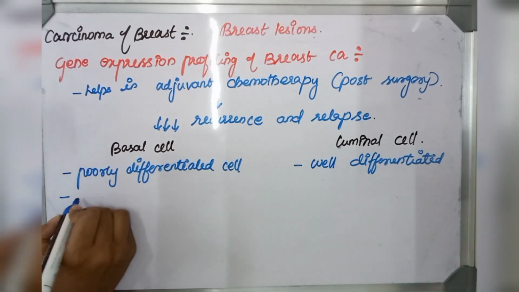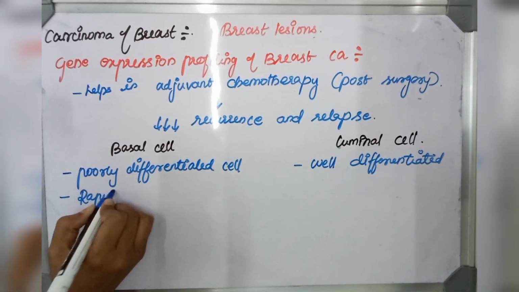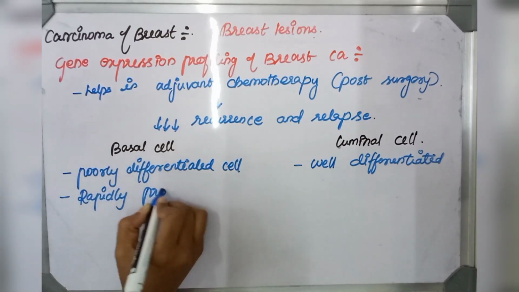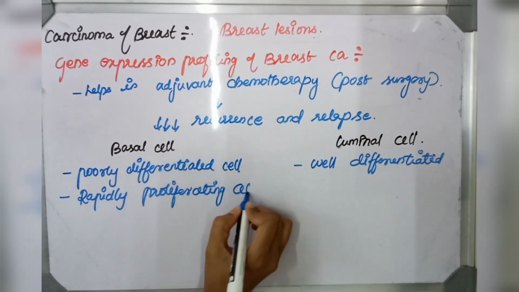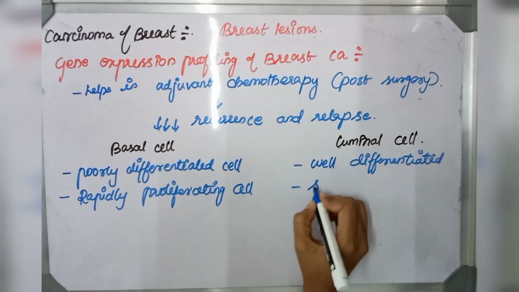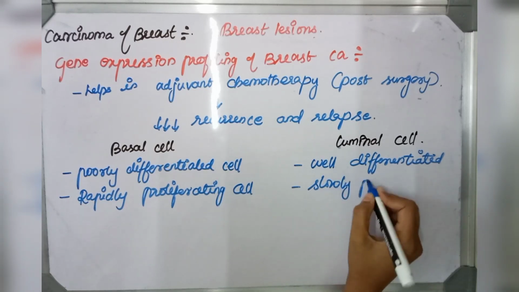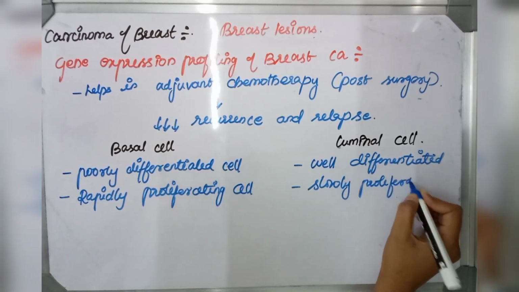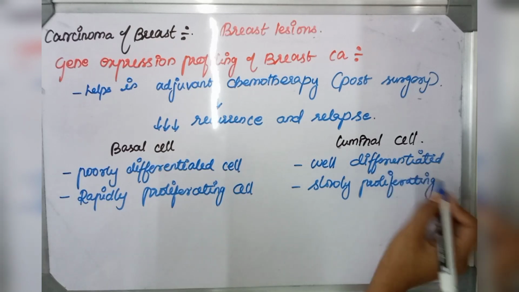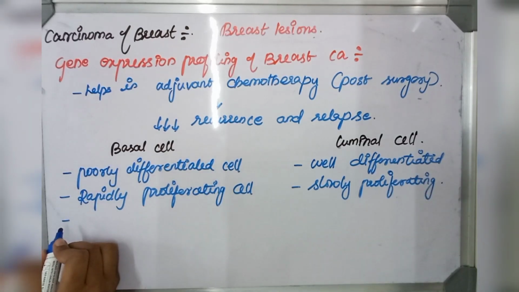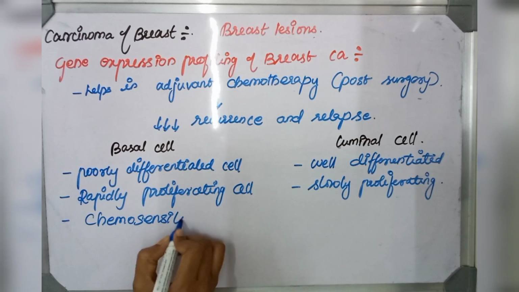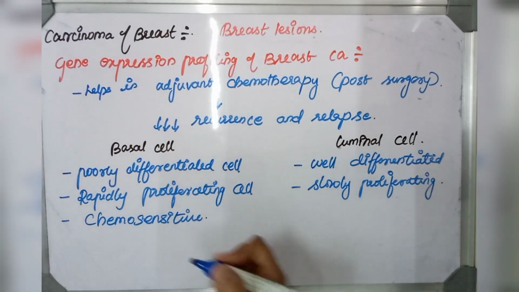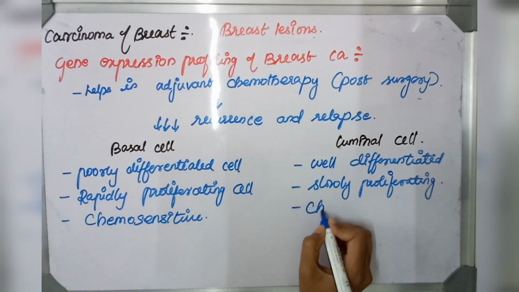Basal cells are rapidly proliferating, while luminal cells are slowly proliferating. Another important point is that basal cells are chemosensitive, and the opposite one, the luminal cell, shows chemoresistance.